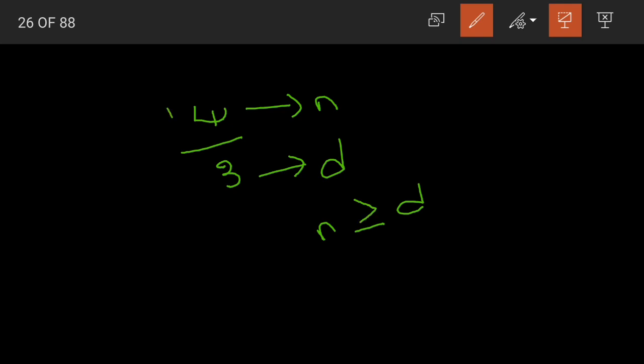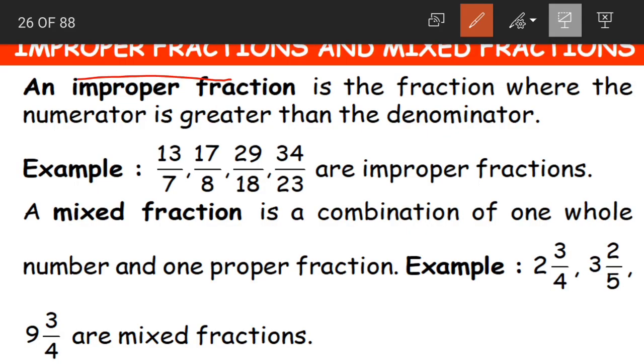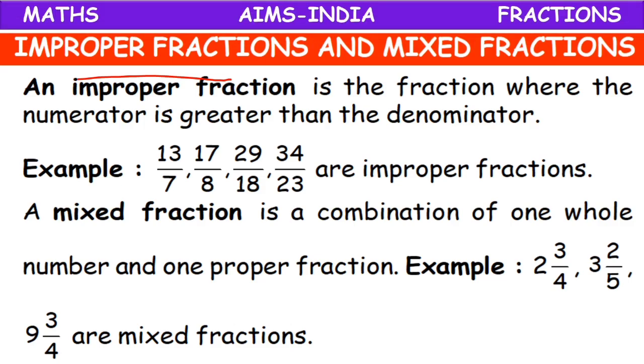Yes, more weight is put on our small child here. He cannot bear the weight. So that means this is an improper fraction. We have already learnt about proper and improper fractions in the previous class. So an improper fraction is a fraction where the numerator is greater than the denominator.